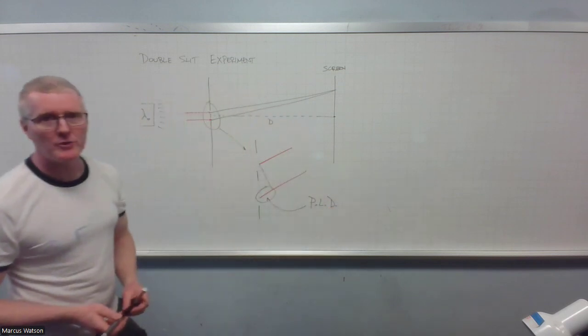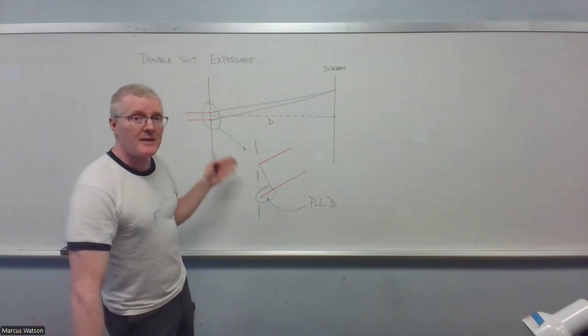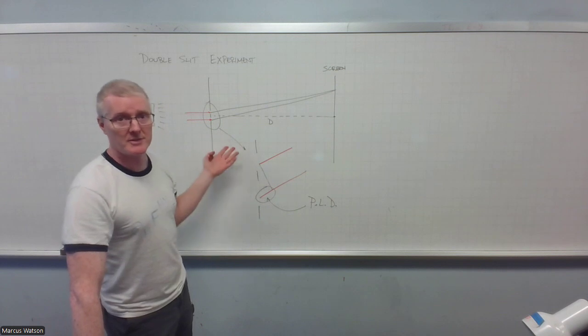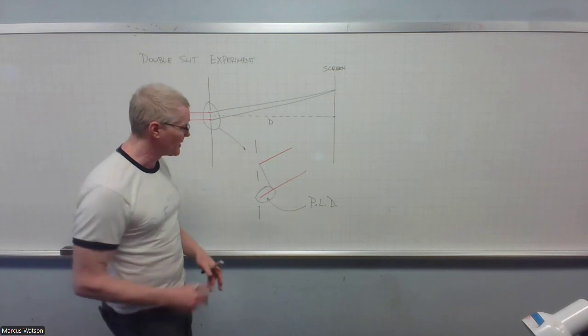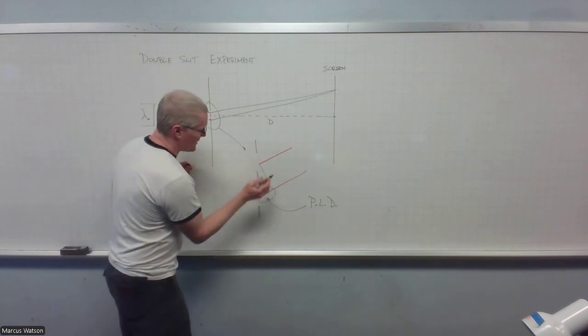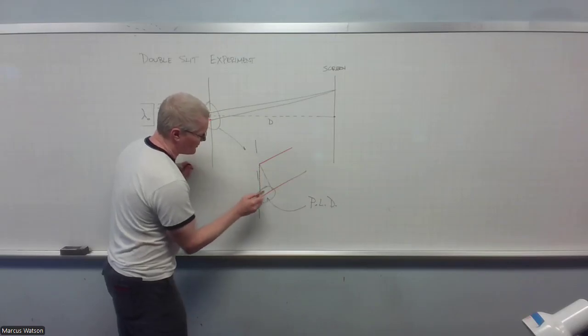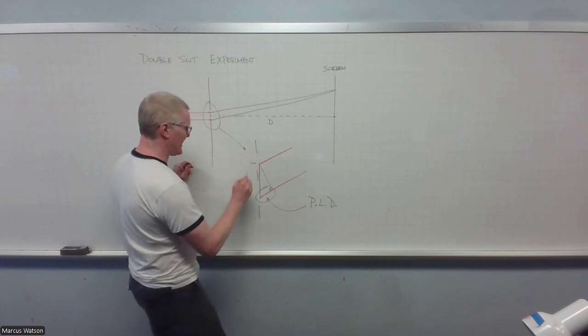If you know how to get that and what that means and how to calculate this, then you can 100% figure out every problem to do with the double slit experiment. So it's all about that little bit right there. This is a triangle, and I know we love triangles. Let's put a hypotenuse in over here. This is a right angle because I dropped a normal. Let's call this distance right here little d.